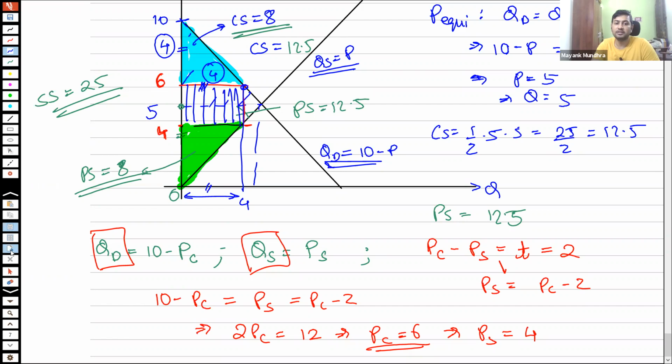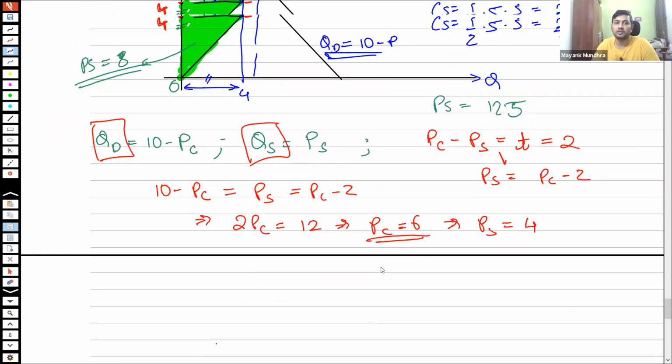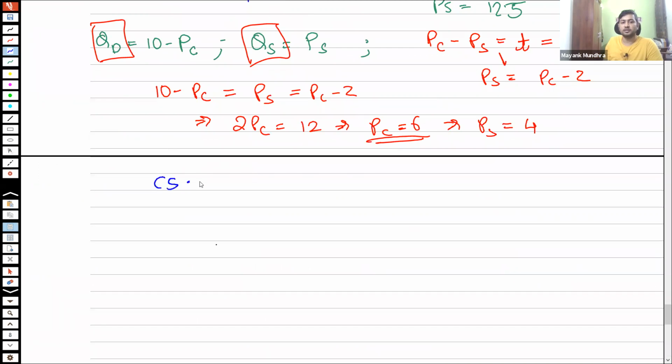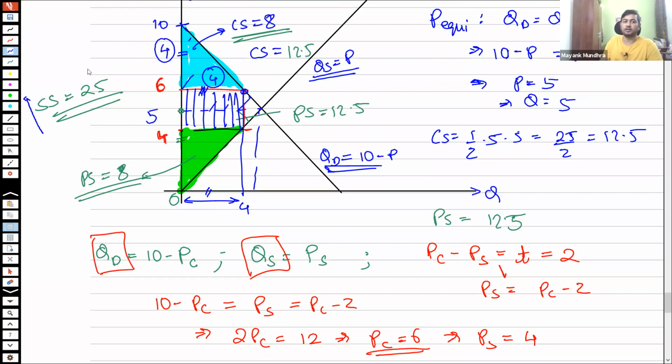So what you have in this case is that consumer surplus equals producer surplus equals government surplus equals 8, which implies the social surplus becomes 24. So it was 25 initially. Now it has dropped down to 24.